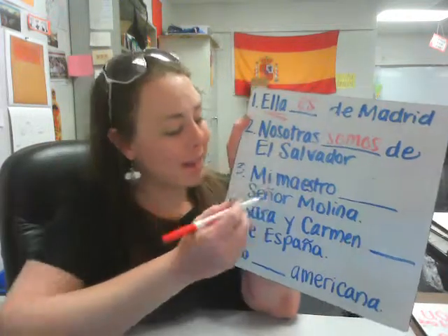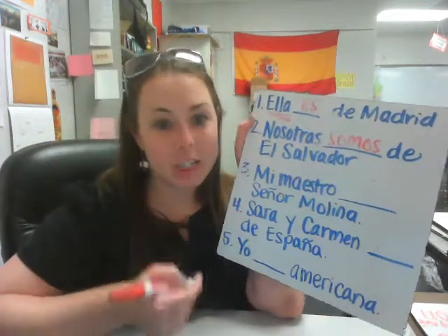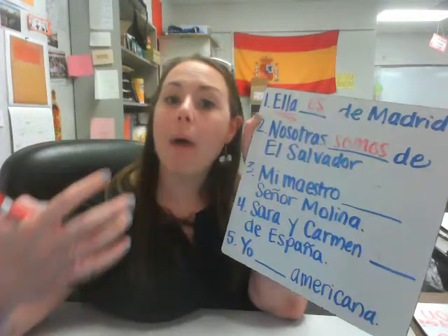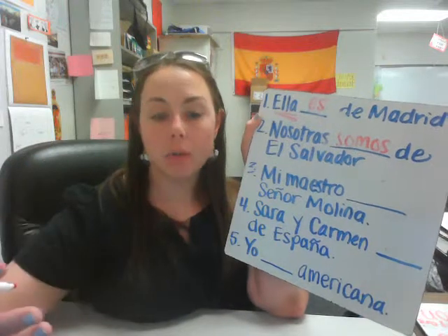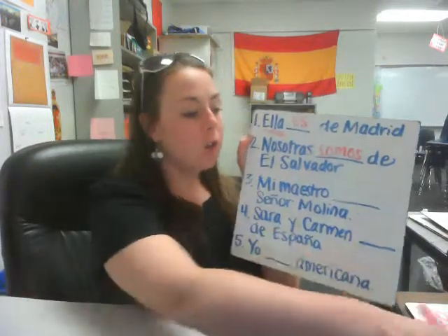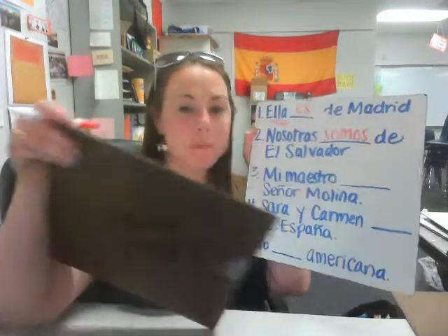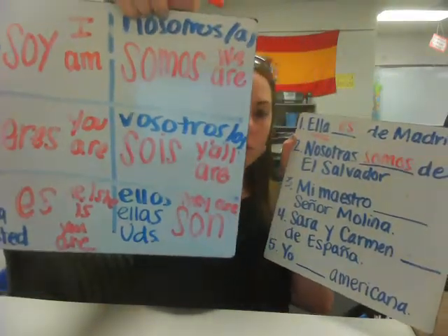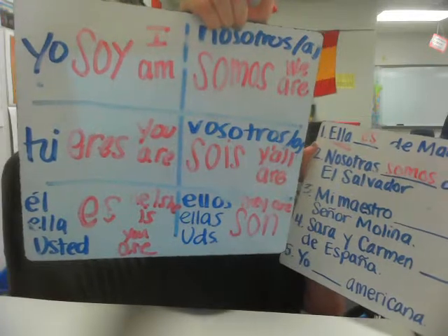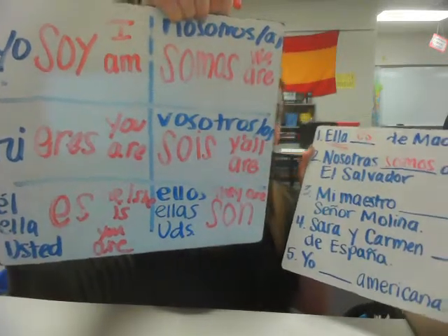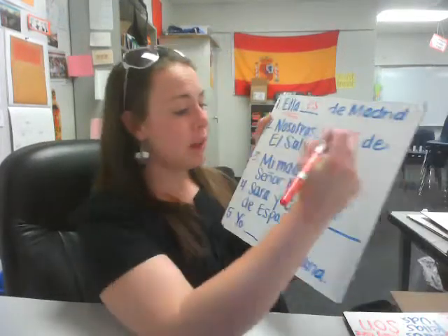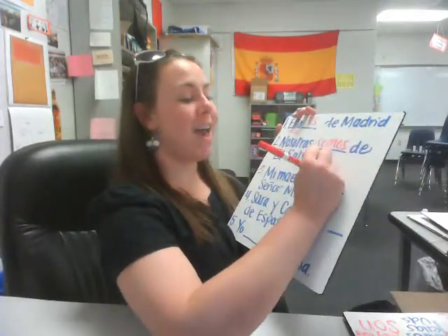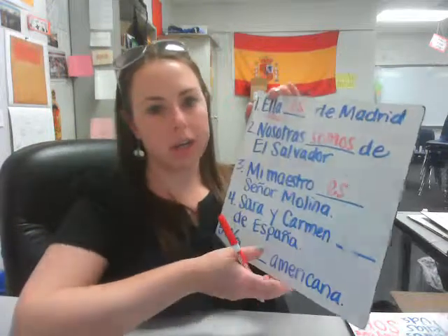Now remember, maestro means teacher. So I'm talking about someone, saying my teacher is señor Molina. Okay, so I want to think, which section would I use if I'm going to talk about someone from my chart? Which section would I use to talk about someone, even if he's formal, but it doesn't matter. I'm going to use the el, ella, usted form and say mi maestro es señor Molina.